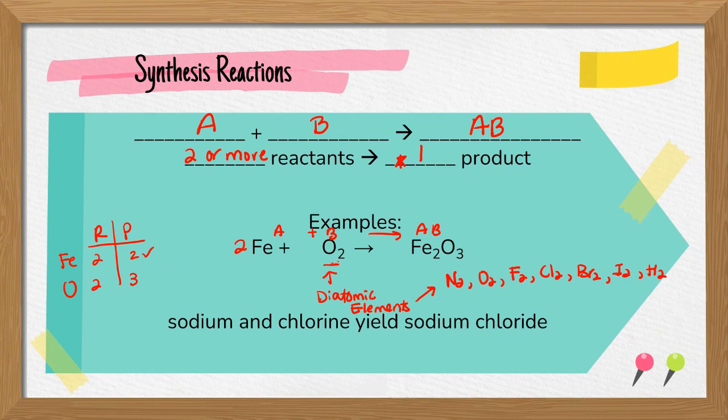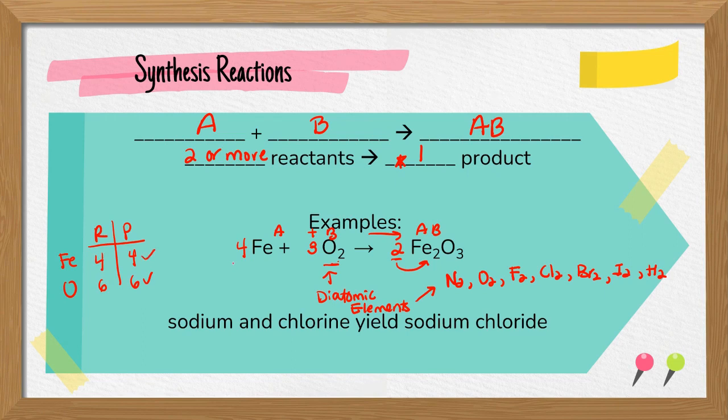But if I put a 3 here, I can get 6 oxygens in the reactants. And if I put a 2, that gives me 6 oxygens in the products. That's balanced. But look at when I added that 2, that now gave me 4 irons in the product side. No longer am I balanced. So let's change this coefficient to a 4 on the reactant side in front of iron, and now it's balanced.